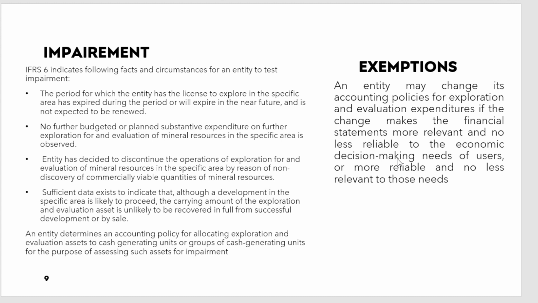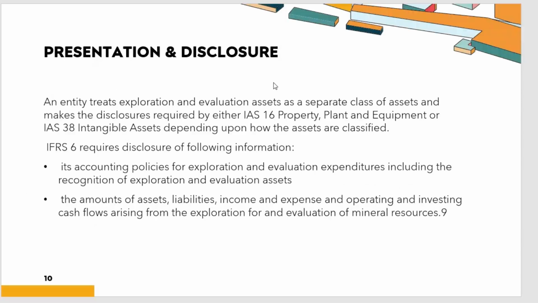The rule prevents companies from changing policies just to manipulate profit. Companies should change accounting policies only when the financial statements become more reliable and reliability is not reduced. Moving forward, let's talk about disclosures.